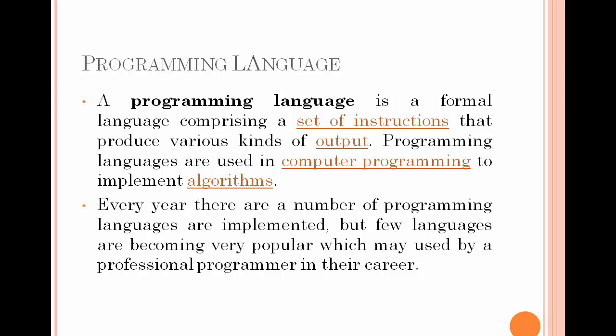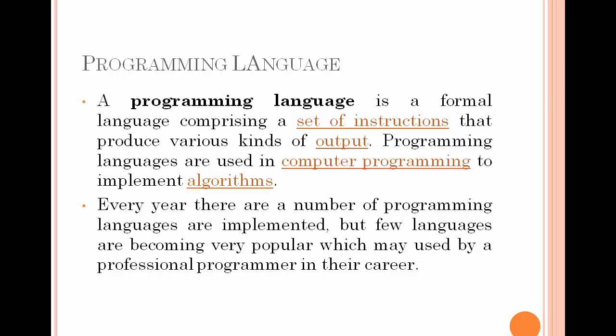Normally a programming language has a set of instructions which a machine can understand, so that the machine will perform some operations based on those instructions and produce some outputs. This is the usage of a programming language.